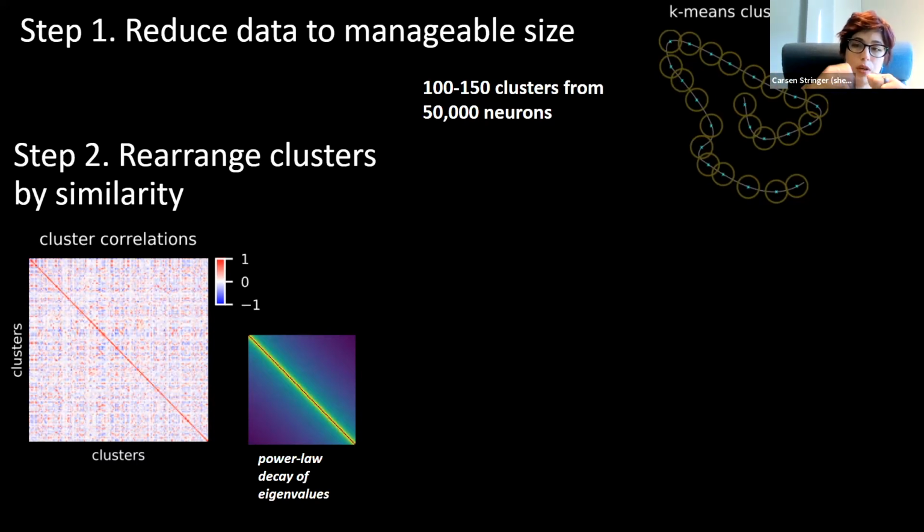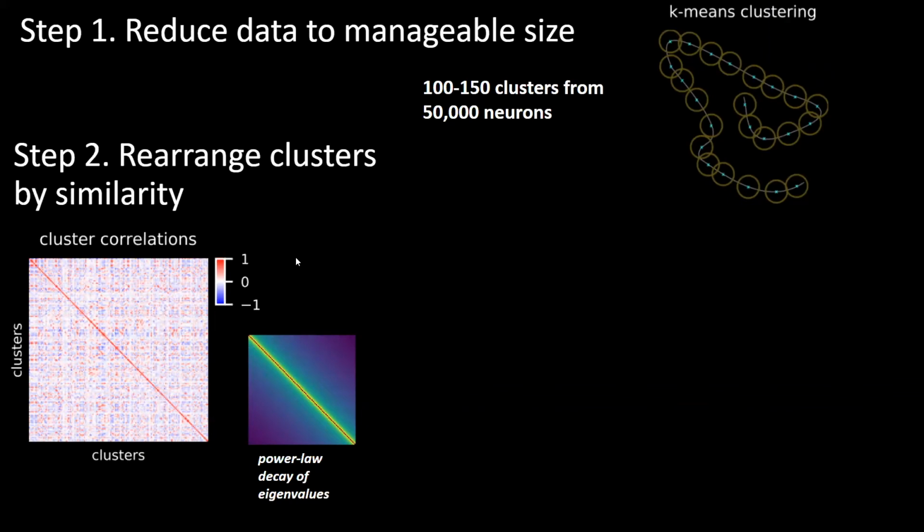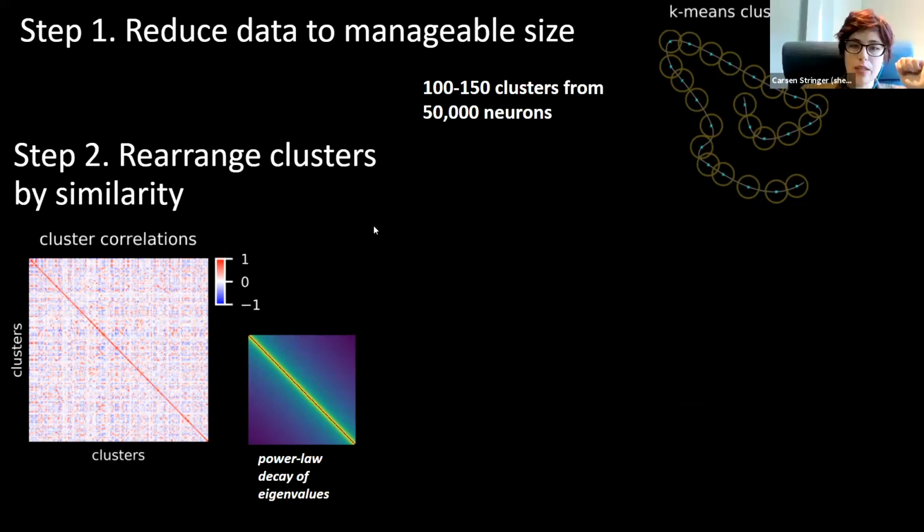So we're not just going to put clusters close to each other that are most correlated to each other. We're also going to try to put groups of clusters next to each other that are globally correlated to each other. And so we're basically trying to optimize this matrix to look as much as possible like this matrix. On every iteration of the optimization, we're doing a dot product between this matrix and this matrix. For instance, we have a sorting with 100 nodes, 100 clusters.